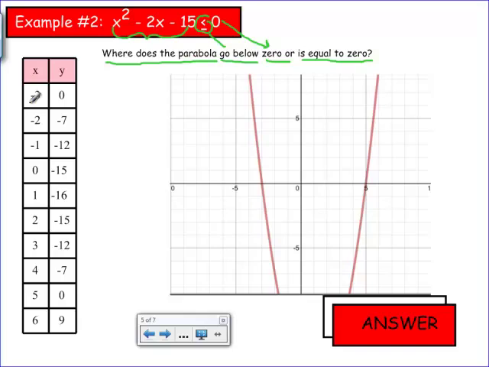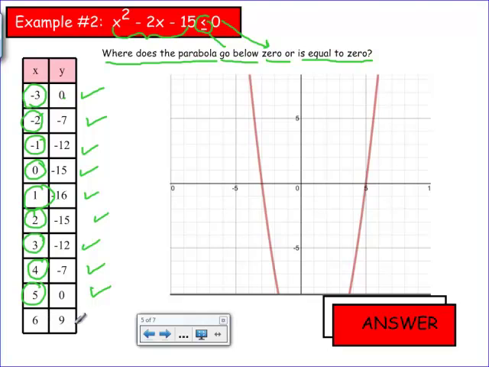Let's see, if I put an x value of -3 in, does the parabola go below 0? No, but it does equal 0. So that's an answer. Does -2 make my parabola go below 0? Yep. So does -1. So does 0. So does 1, 2, 3, 4. 5 makes the parabola equal 0.